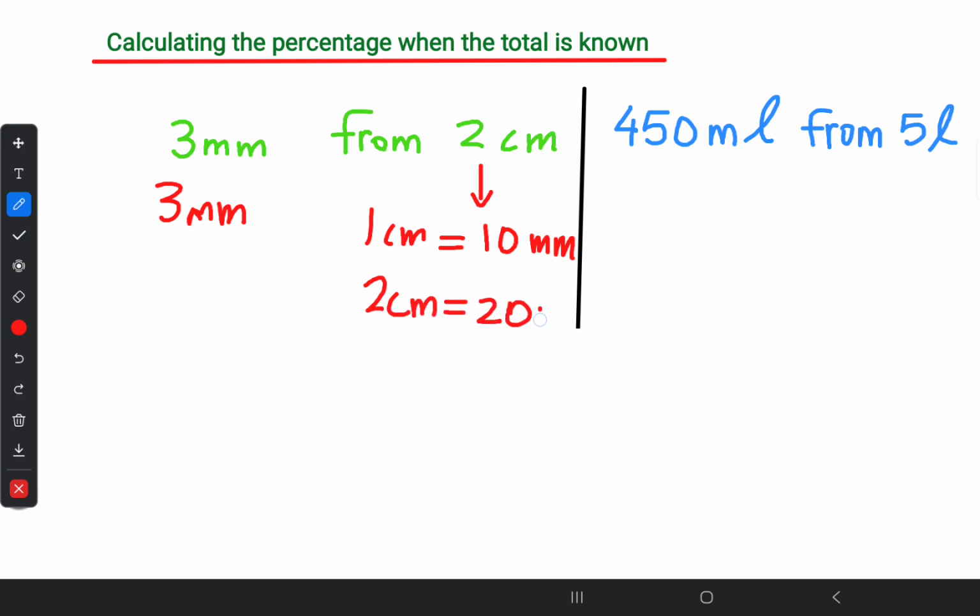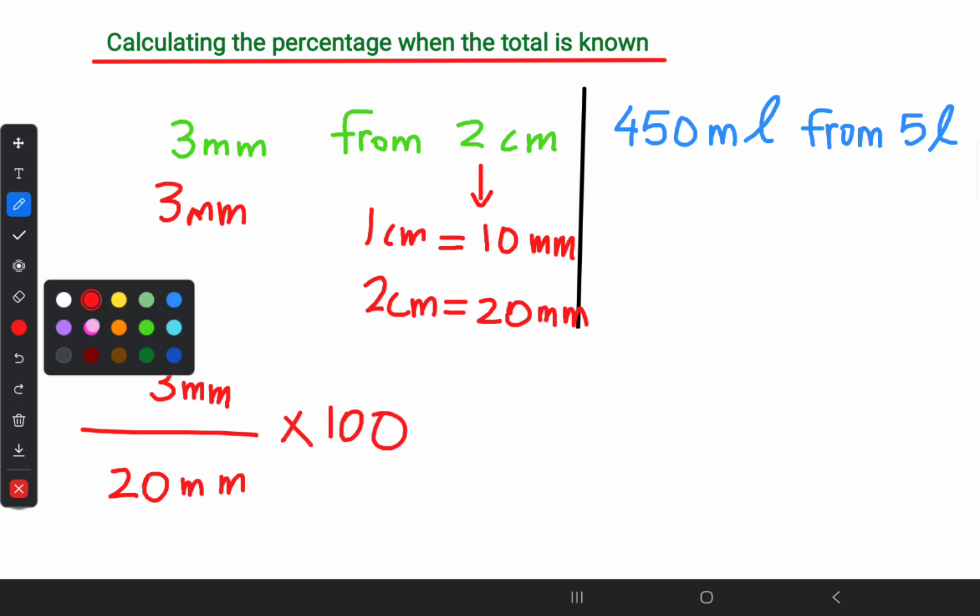Then let's write the fraction for this one. 3 millimeters is in the numerator and the total, 20 millimeters, is in the denominator, multiplied by 100. Thereafter only the simplification is left. We can simplify the 20 directly.